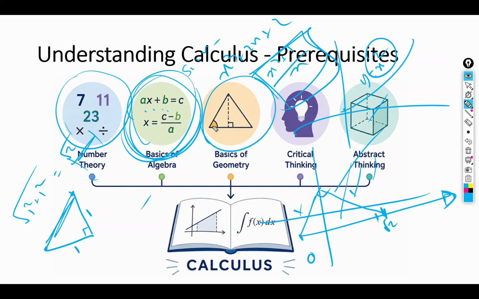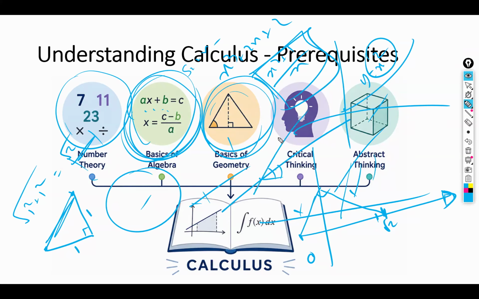Basic concepts we understand using geometry. So in geometry, we work with circles, lines, triangles, angles. For example, in integration, we calculate the slope. Slope is angle, right? Higher slope means higher angle. So that is coming from geometry. And of course, then you must have critical thinking, abstract thinking, logical thinking, right?